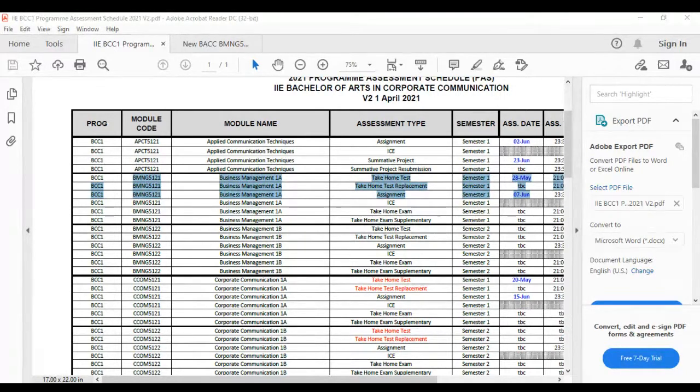Also remember that there will be 6 ICE tasks in total on VC Learn and 2 ICE tasks in class. You only have to do 4 of the ICE tasks, and out of the 4, 2 of them will be marked.